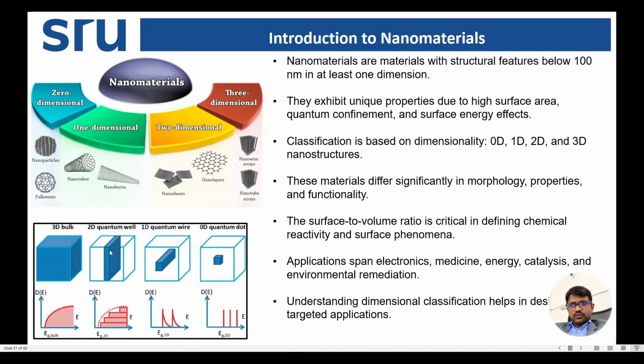In 2D, two dimensions can be beyond the nanoscale, but the thickness, one dimension, must be within the nano range. 3D looks like a bulk, but all the dimensions must be within 100 nanometers, otherwise it is called a microstructure. So if all dimensions are within 100 nanometers, then we can say it is a three-dimensional nanomaterial.